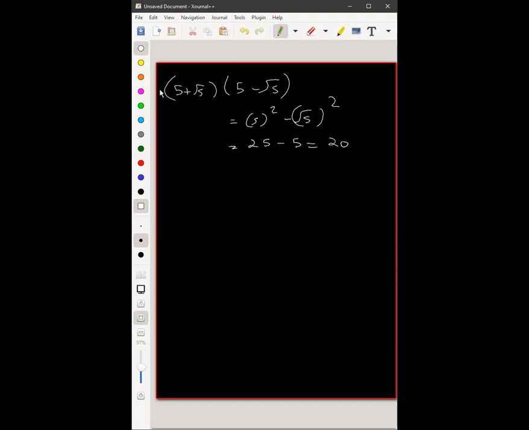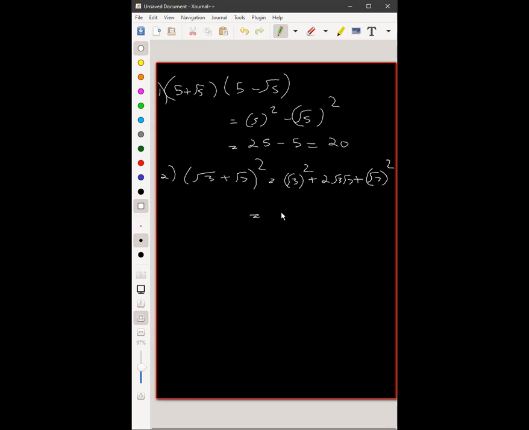Okay. Second one, let's do another one quickly. Root 3 plus root 7, the whole thing square. Root 3 the whole square plus 2 into root 3 into root 7 plus root 7 the whole square.